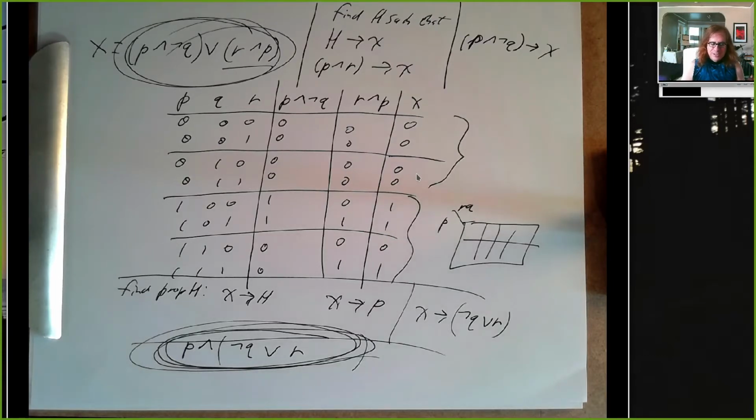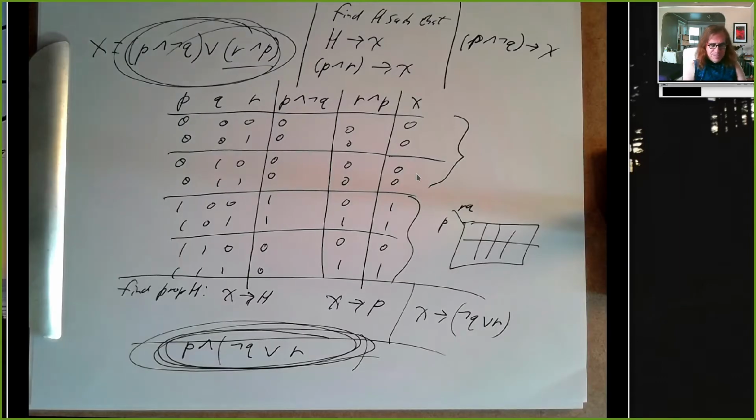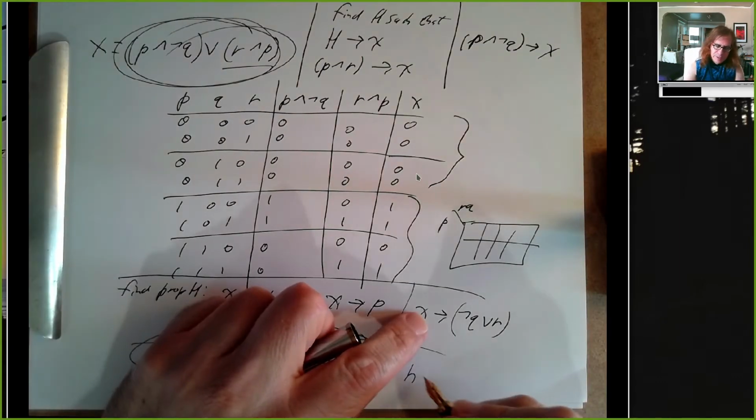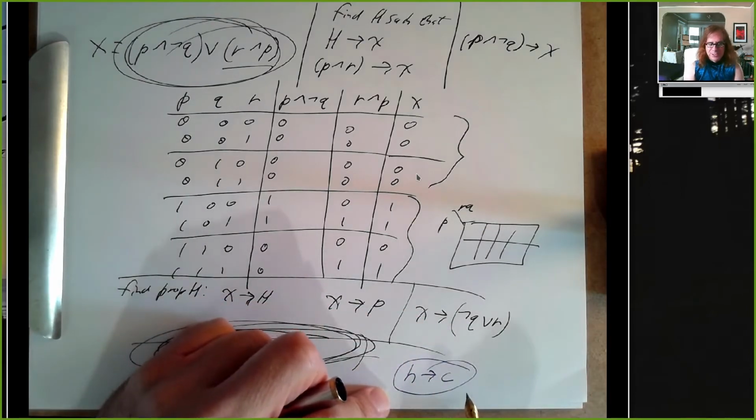Alright, so those are possible answers for part D. So this is playing around with the difference between equivalence, implies, and implied by. When you say this, you're saying if hypothesis, then conclusion, right? The hypothesis implies the conclusion, and the conclusion is implied by the hypothesis.